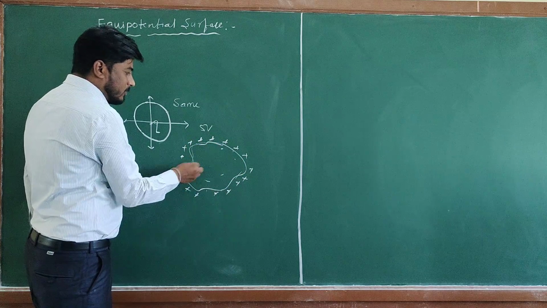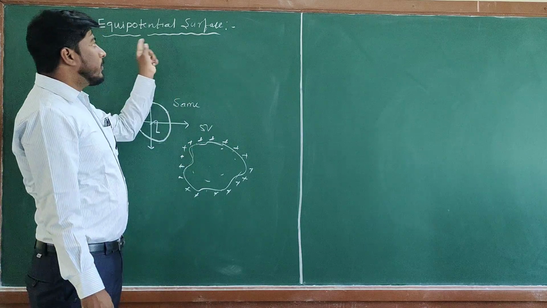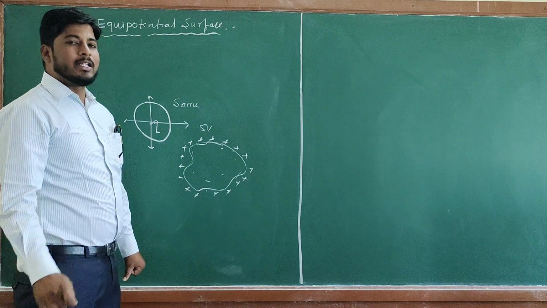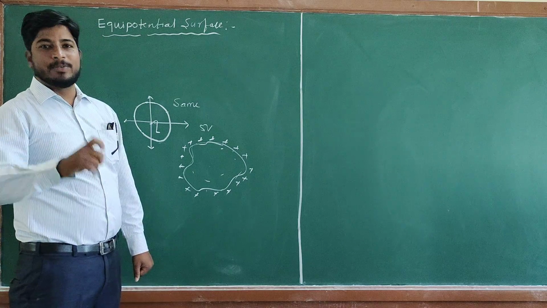So equipotential surface means the surface which has constant potential at every point.